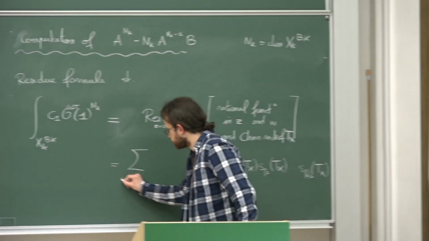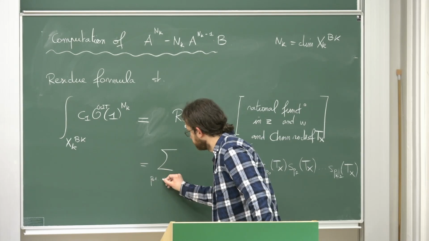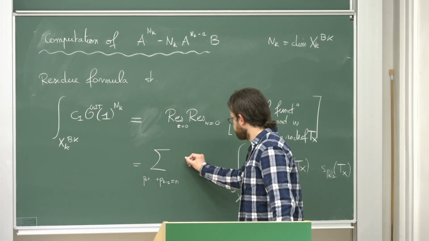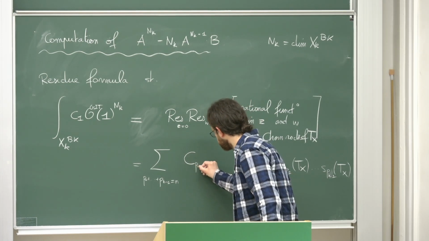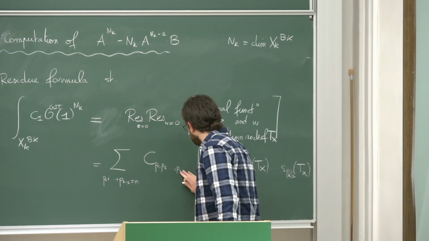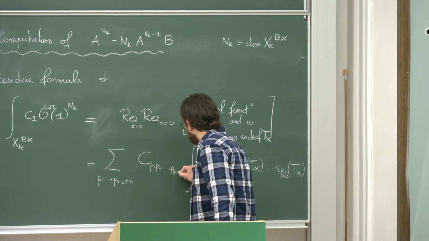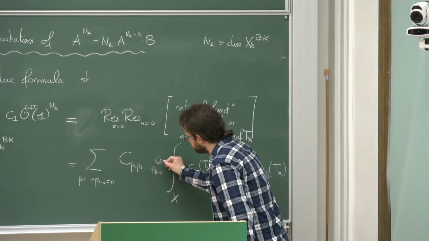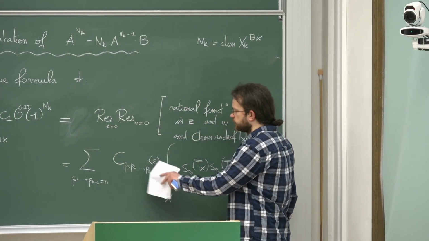And the sum is over all integers which sum up to n. And here you have some coefficients depending on p0, p1, and so on up to p_{k-1}.